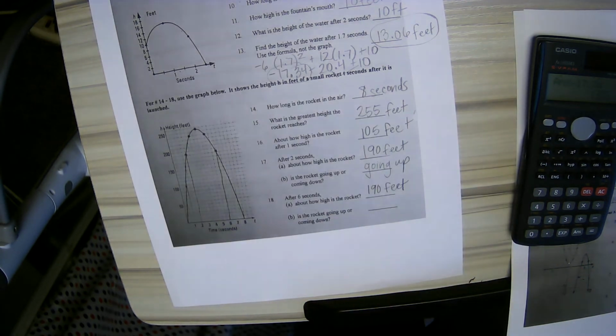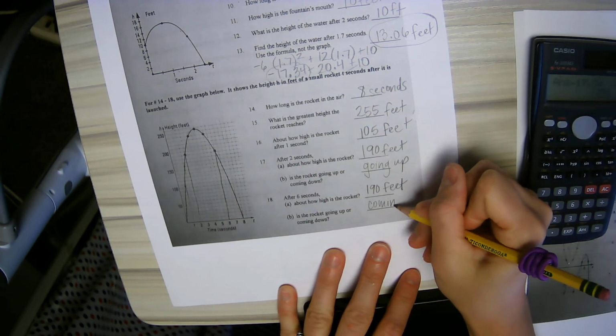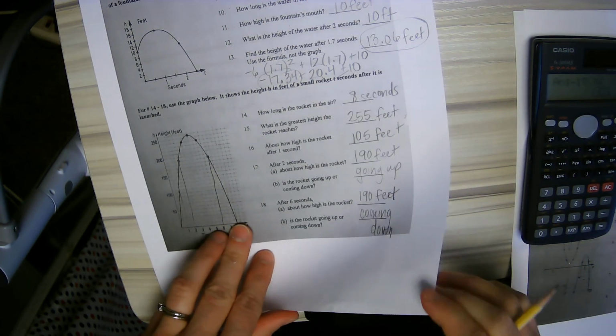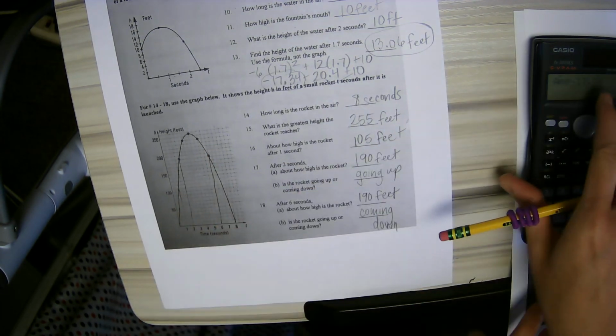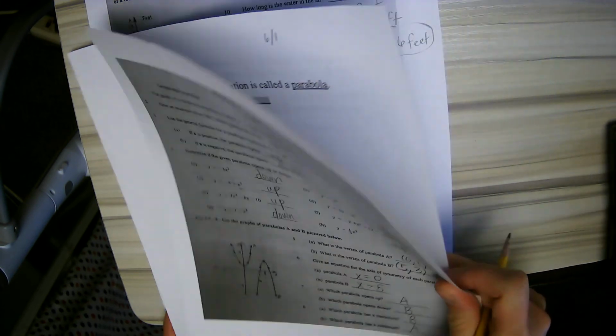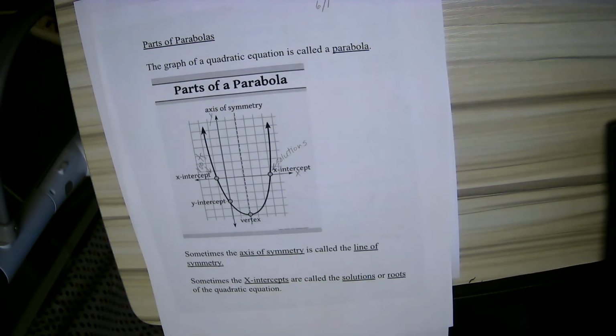And here is the rocket going up or coming down? Now it's coming down, right? Do you see how we read a parabola? We know if it's opening up or down. We have minimums and maximums. Yeah, axes of symmetry and vertex too.